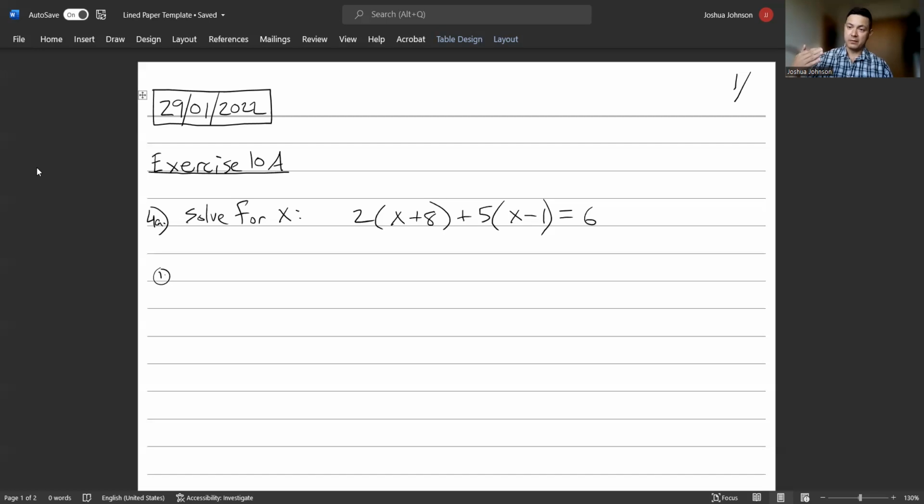So step 1, this is me showing my work. 2 times x would be 2x, then 2 times 8 would be plus 16, equals 5 times x minus 5 times 1, which is 5, equals 6. Now there's some intermediate work there that I've essentially done in my head and not shown, like 2 times 8.